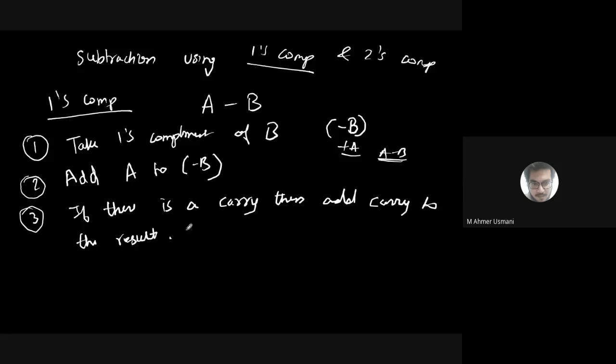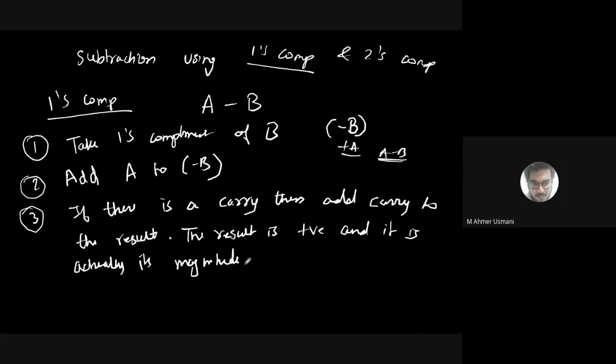Then the result is positive and it is actually its magnitude. जो भी result आया, उसको दूसरे फॉर्म में convert करने की जरूरत नहीं है. Whatever is the number, that is your actual number.